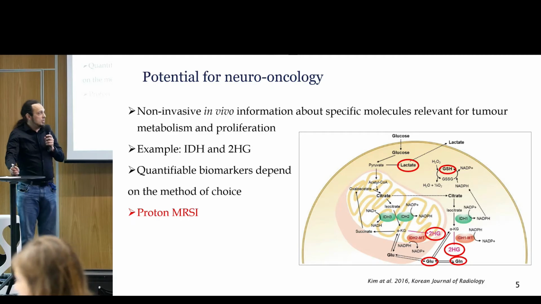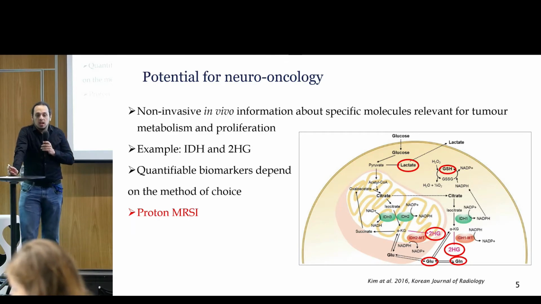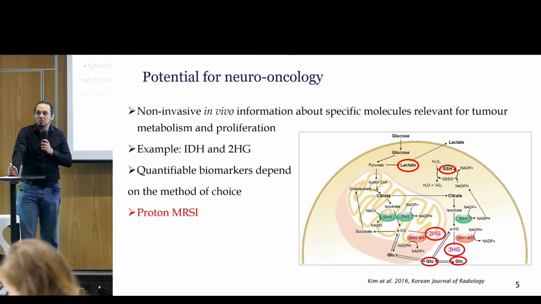I highlighted some in red here in this image. 2-HG, so 2-hydroxyglutarate, has been the buzzword over the last decade because it is directly related to IDH mutations. But there are also other markers like glutamate and glutamine or glutathione or lactate that are, depending on the method, a bit easier to image.